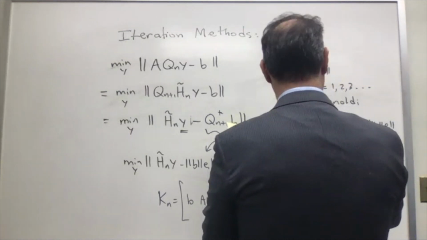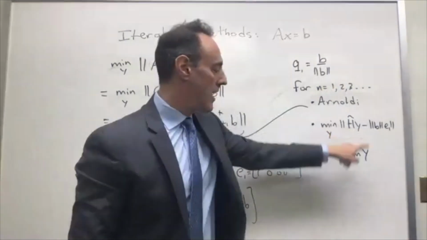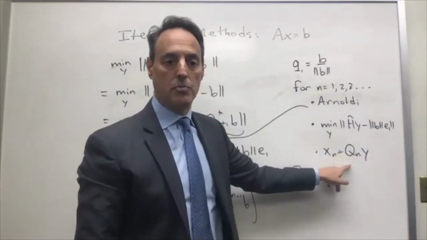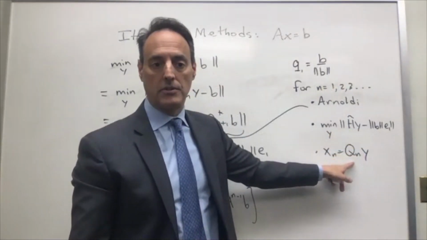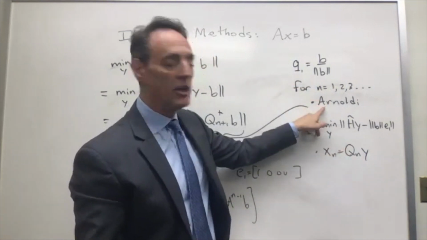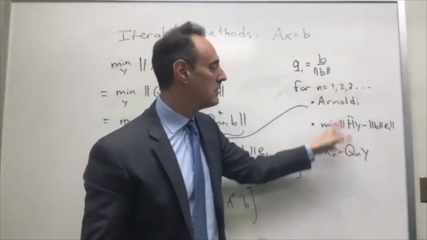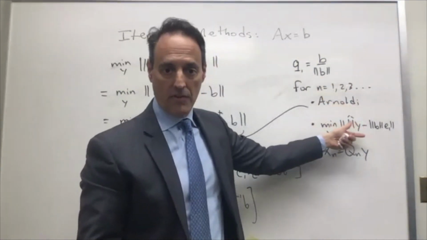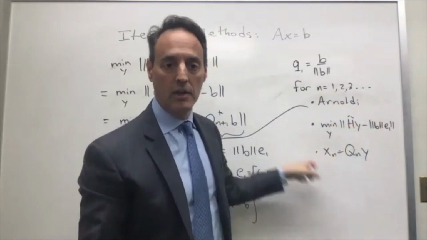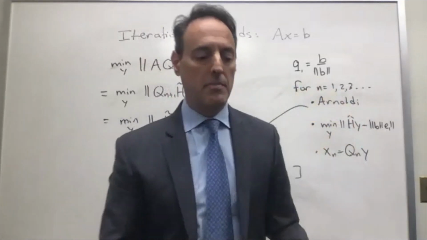And then your x of n is equal to Q of n y. So you solve for y, and your next x of n is just the projection onto those orthogonal directions. Repeat. That's it. When you come back up here, you connect it to the next direction, Q of n plus 1. Now you can solve this. Then I go to Q of n plus 2, and you just recurse. So that's generalized method of residuals.